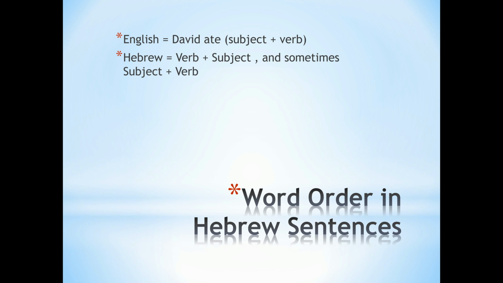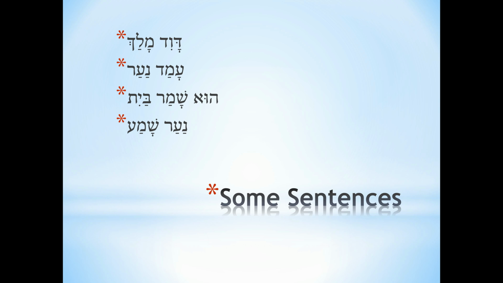Or sometimes if you're speaking with an English speaker who speaks English as a second language, you'll notice that they might put words into an awkward place in the sentence, and that's often because they are reflecting syntactical structure from their own language. That's a really common phenomenon, and just expect that it might feel a little bit strange as you wade into Hebrew sentences. So here we're actually going to work on some sentences.